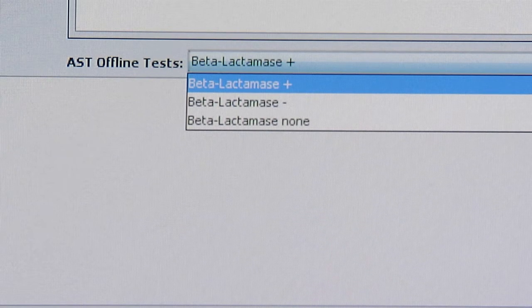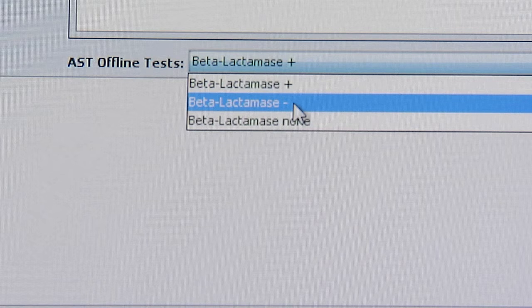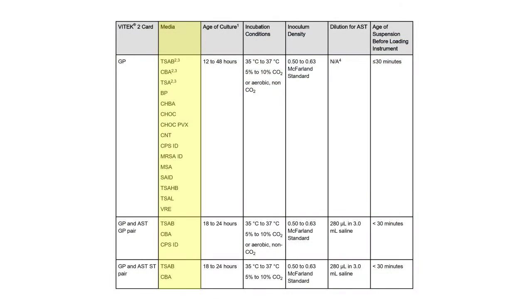Beta-lactamase. Does the beta-lactamase result make sense for the organism? Is there a possibility of a clerical error during data entry? Media. Was the test set up with an isolate grown on a validated media as described in the Vitek 2 Product Information Manual? Age of organism. Was the organism the correct age at the time of testing?